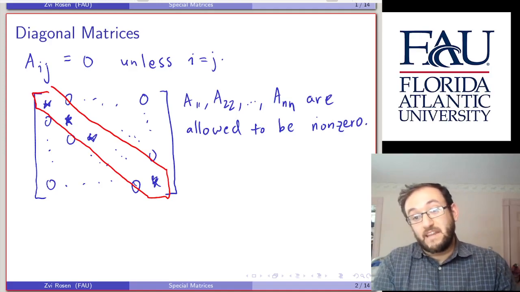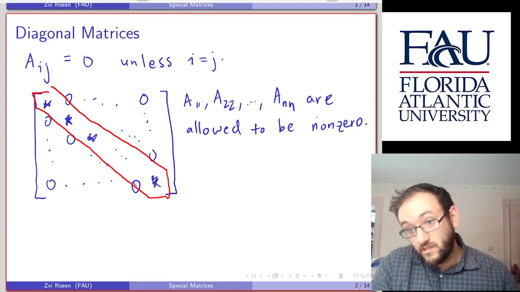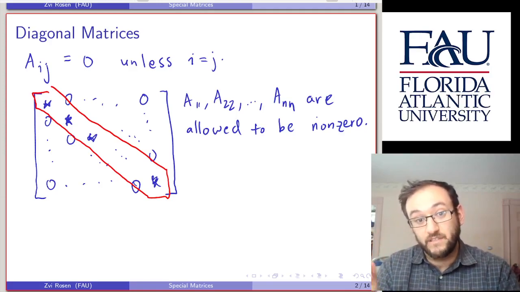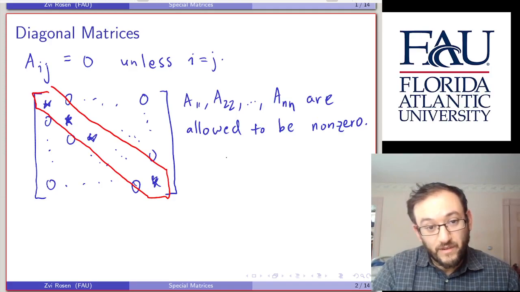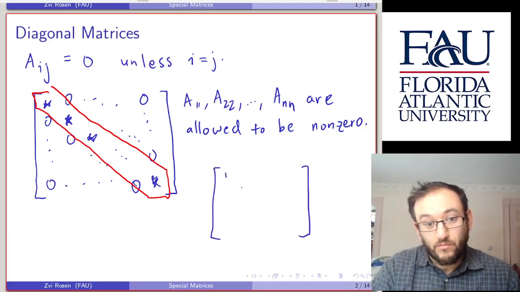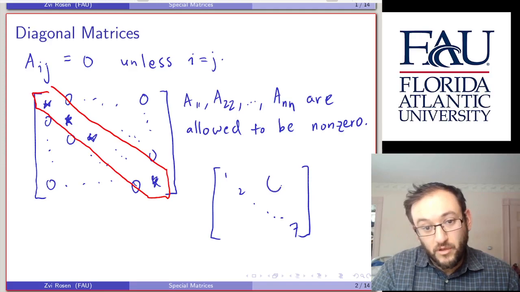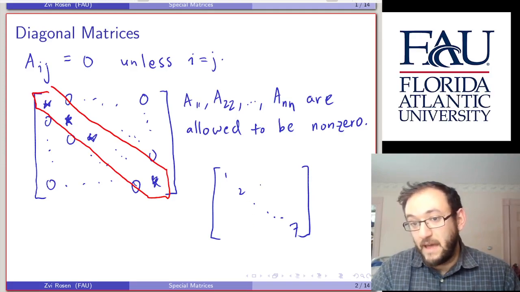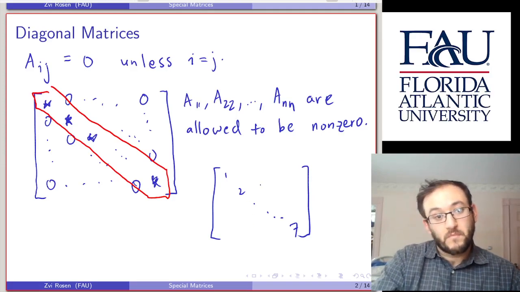A matrix that includes some zero entries on the diagonal will also still be called diagonal, as long as everything off the diagonal is 0. Sometimes we'll write this with a_1, let's say a_2, etc., and then instead of writing out a lot of zeros, I might just put a big 0 here, a big 0 here, or I might omit them altogether. So it would look like that.